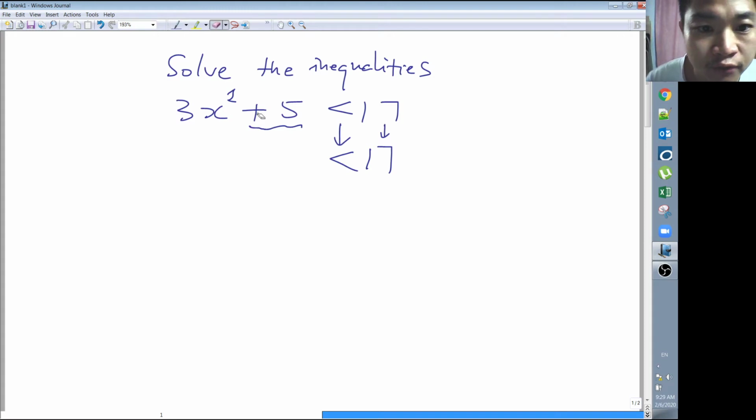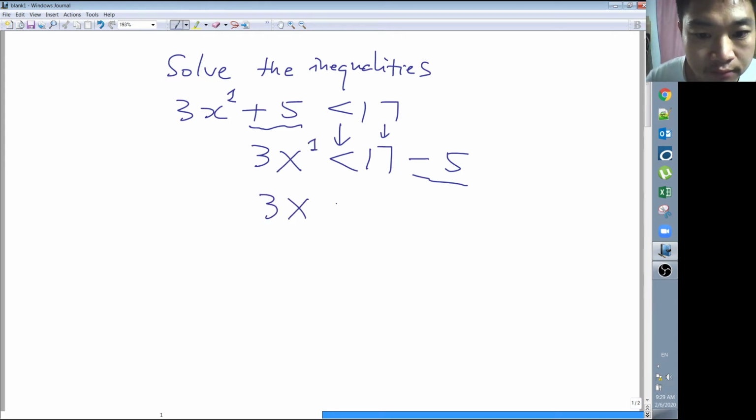If you move it to the other side, you get minus 5. After you have moved your plus 5 to the right hand side, it becomes negative 5, so what you are left with is 3x to the power 1 on the left hand side.